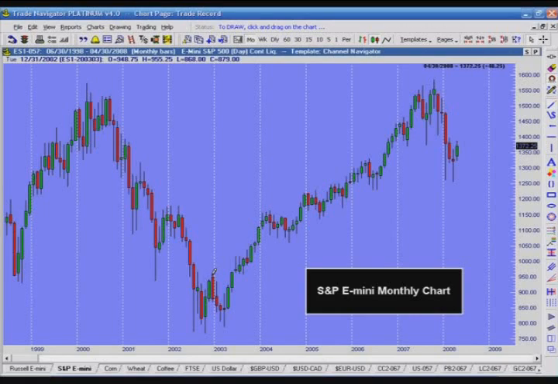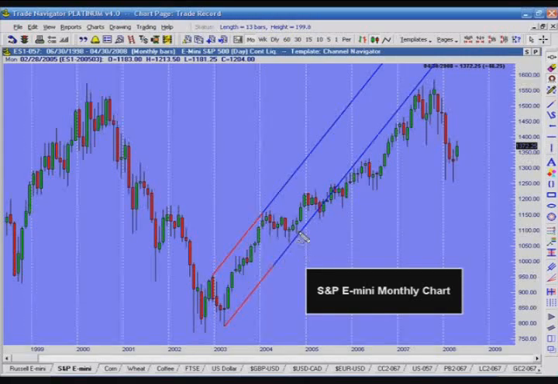Notice this high applied against this high, and if we duplicate this line and apply it to the low, well, guess what? We're right within a very, very narrow margin of this line where it reacts off of, giving you a great opportunity to buy into the market and take advantage of the upswing as it begins.